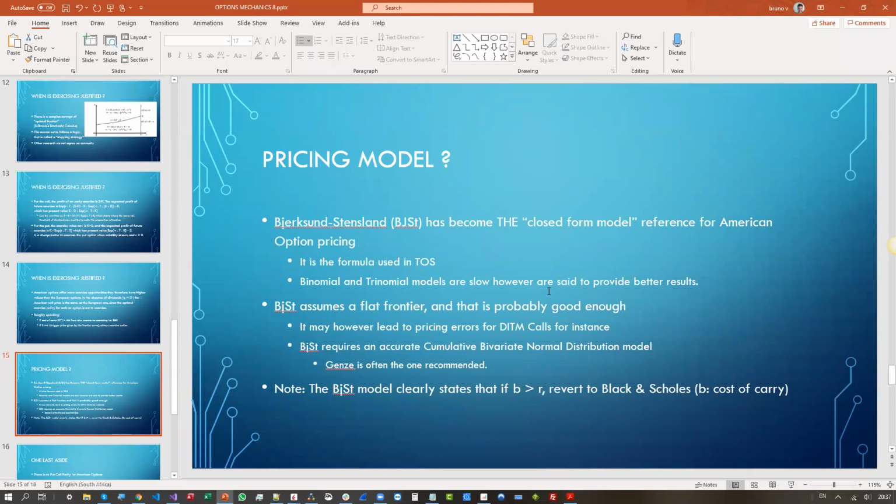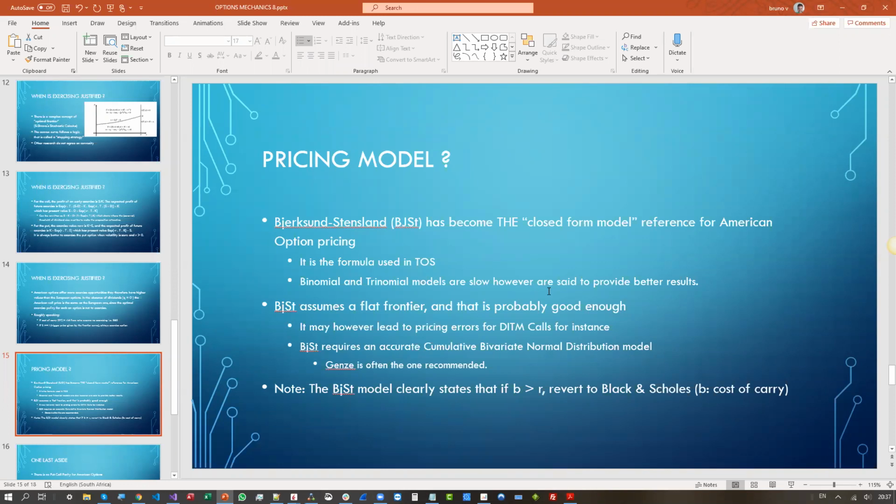That being said, there is the binomial or trinomial; binomial is often called also Cox-Ross-Rubinstein. Because they use a lot of iterations to converge towards the right price, they are very, very slow. So they're not very efficient in terms of computing, but they do provide better results. There have been a number of experimentations that you can see in the literature.